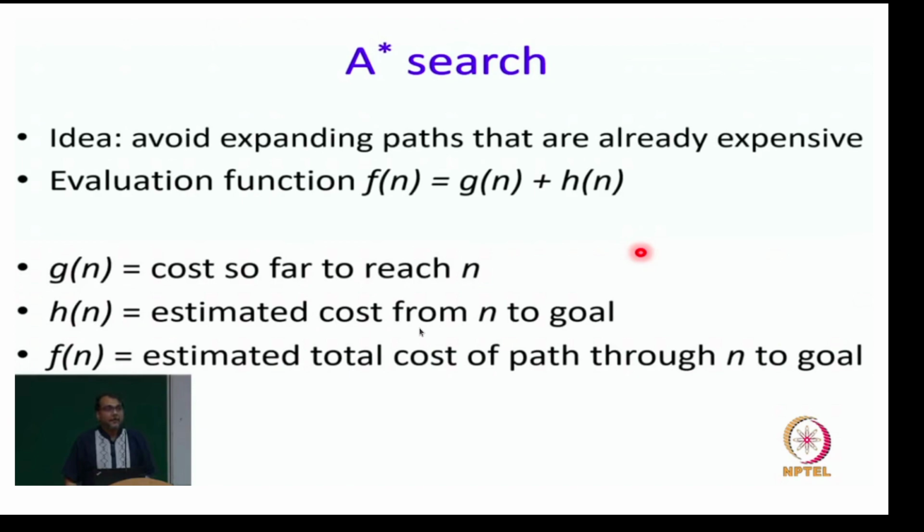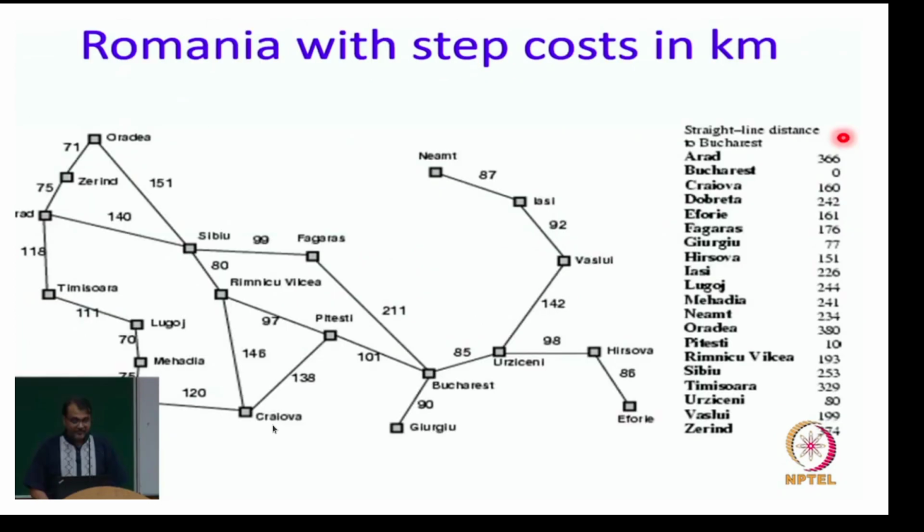We consider that factor, plus from that node to the goal node, what cost it is going to incur, right? So this sum represents how good the evaluation function of the nth node is. Finally, f of n is computing the total cost of the path through the nth node to the goal.